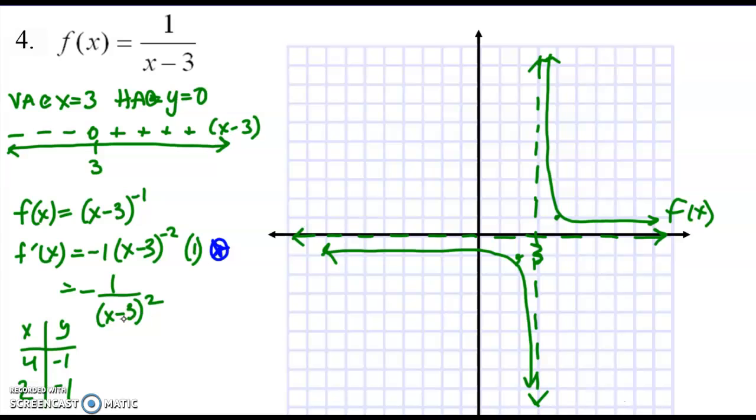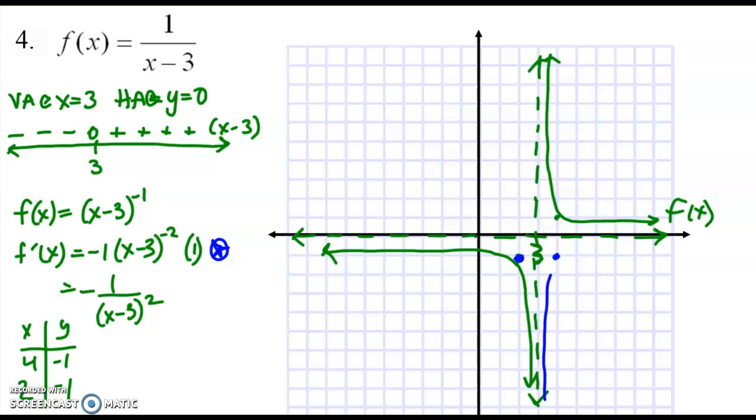As far as asymptotes go, there's a vertical asymptote here at 3, the same asymptote as the original function, and also the same horizontal asymptote at y equals 0. I just did a small table of values, and you can see that (4, -1) is going to be on the graph, as well as (2, -1) right here.